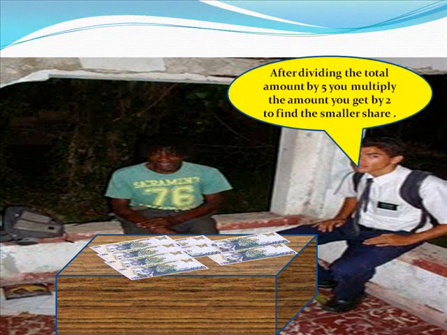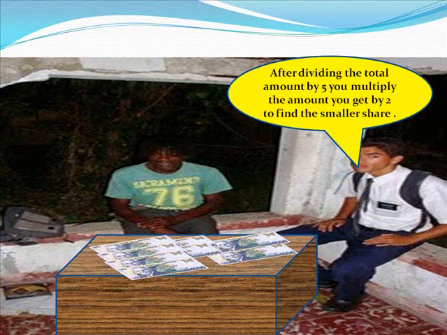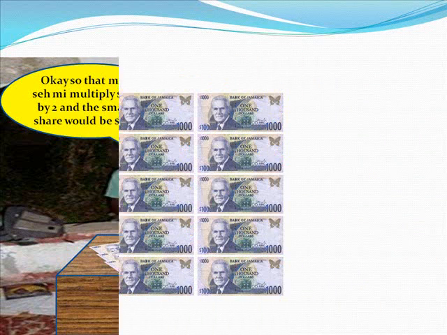So what do I do next? After dividing the total amount by 5, you multiply the amount you get by 2 to find the smaller share. Okay, so if we multiply $3,000 by 2, the smaller share would be $6,000.